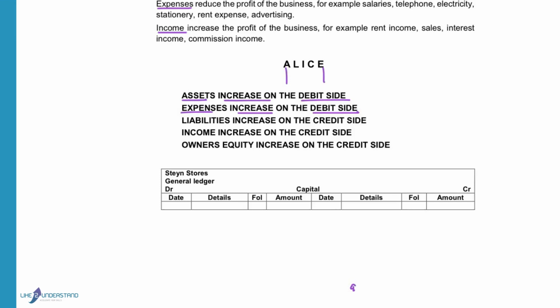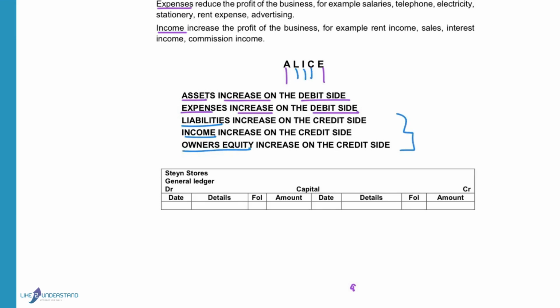If you look at the word Alice, assets and expenses increase on the debit side. Liabilities, letter I inside, and income, and capital, which is the owner's account and equity, will increase on the credit side.